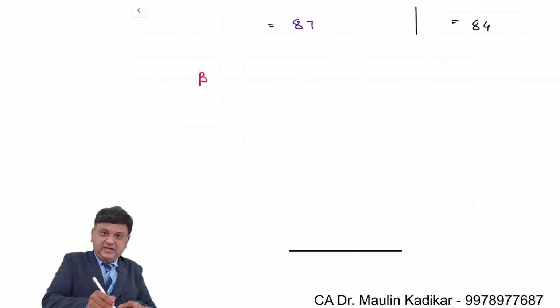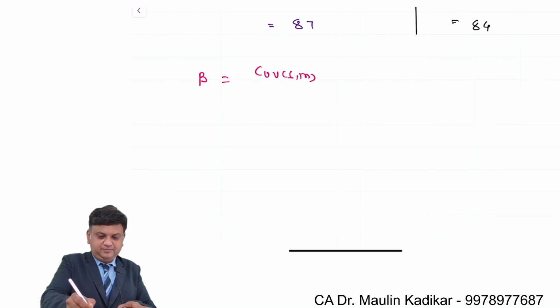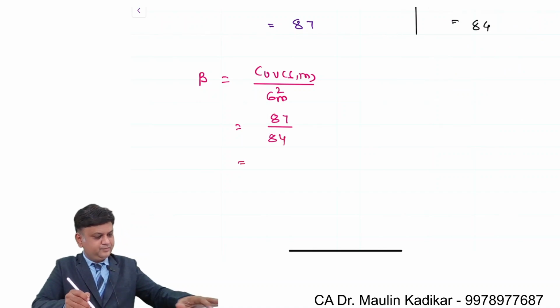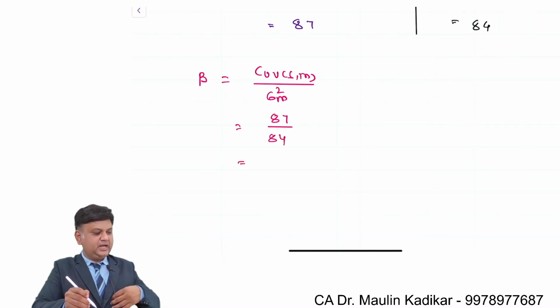Lastly, we will compute the beta, that is covariance of the security with market divided by variance of the market portfolio. So it is 87 upon 84. And the answer is 1.0357.